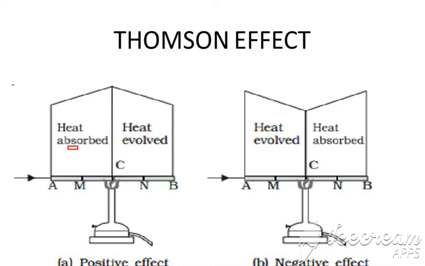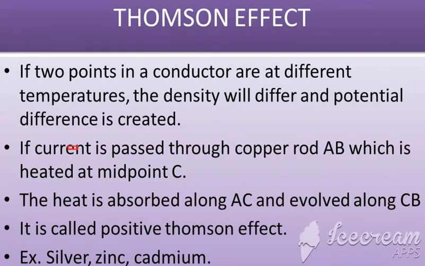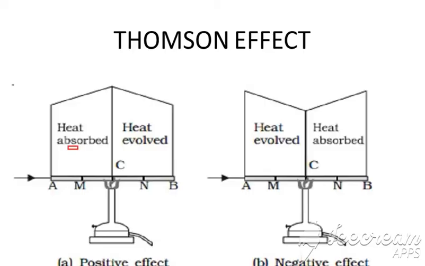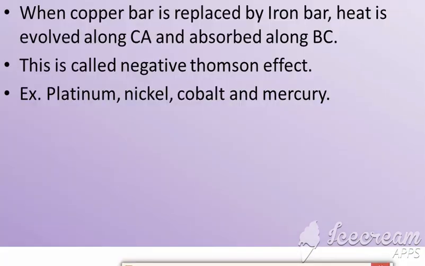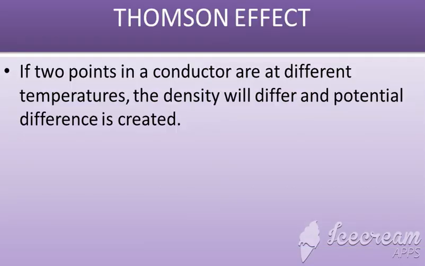When you are considering the copper rod, this is the copper one, and this is the iron. If two points in a conductor are at different temperatures, the density will differ.